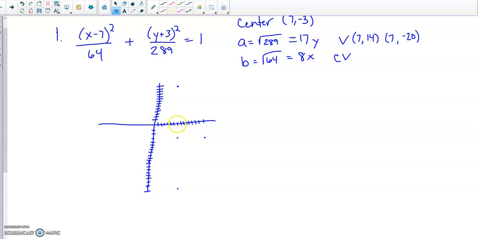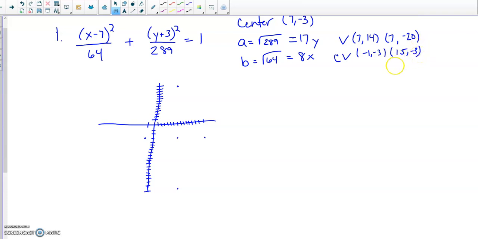Okay, so that one's going to be -1, -3, and the other, counting 15 to the left, is -15, -3.